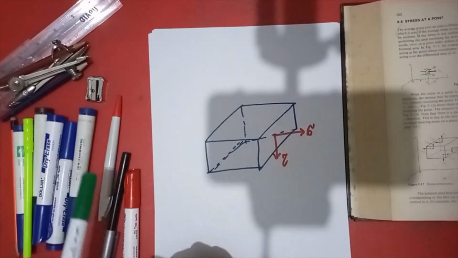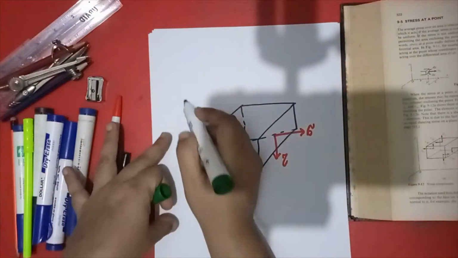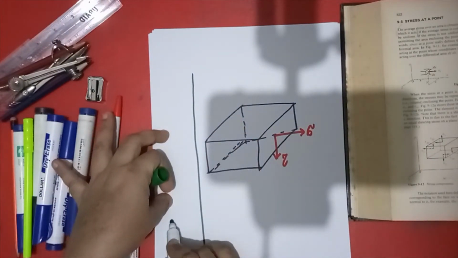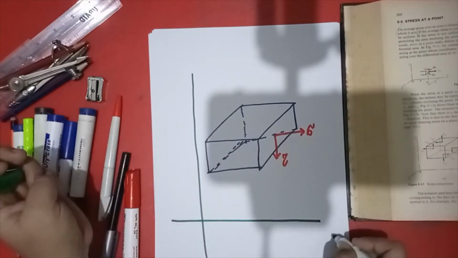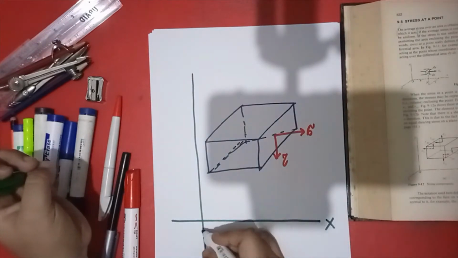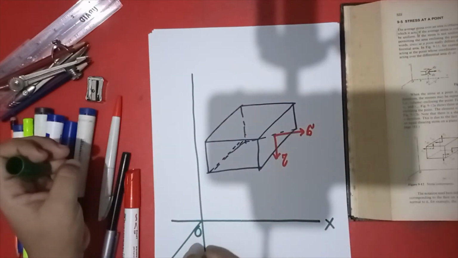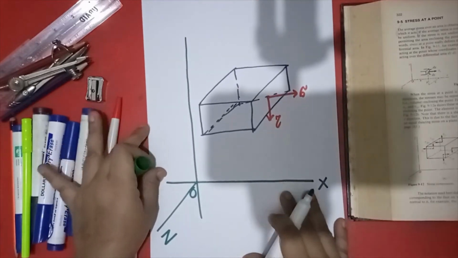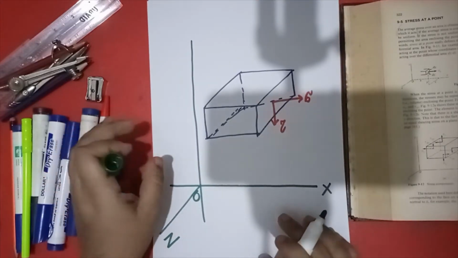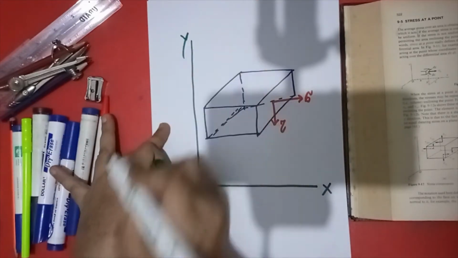So what will be the subscript? For example, this is your x-axis, this is your origin, and obviously there will be the z-axis as well, and this is your y-axis.